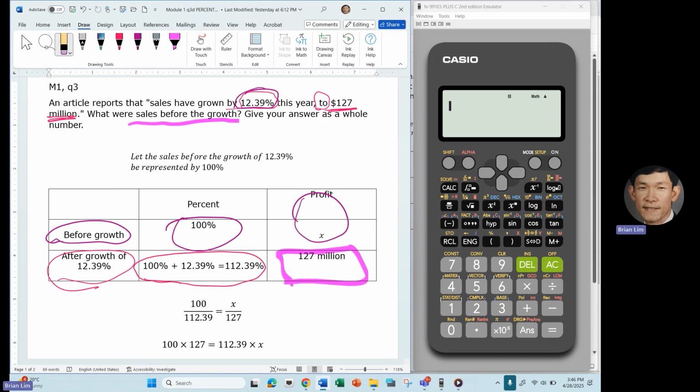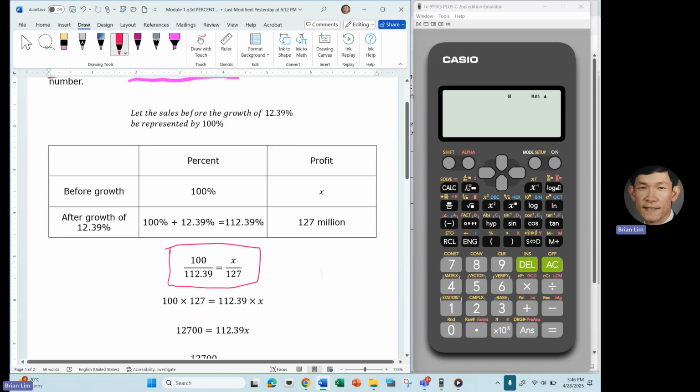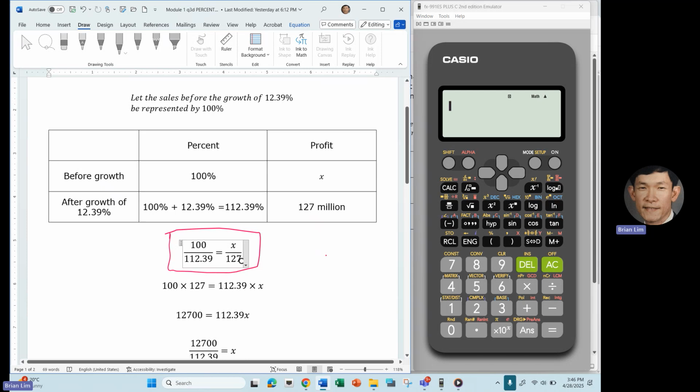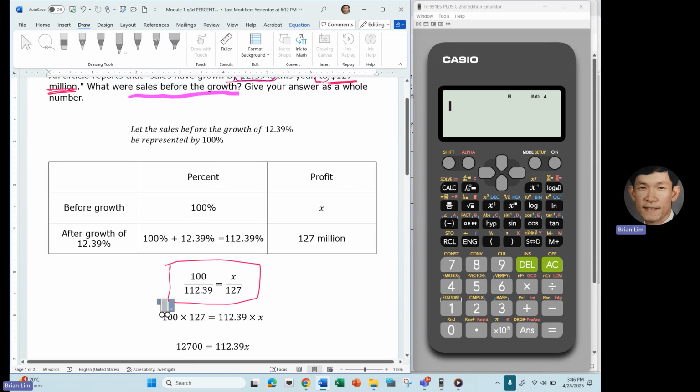Okay, so with that amount of data, we can proceed to construct an equation, or you could say a proportion of sorts, where you have the 100%.